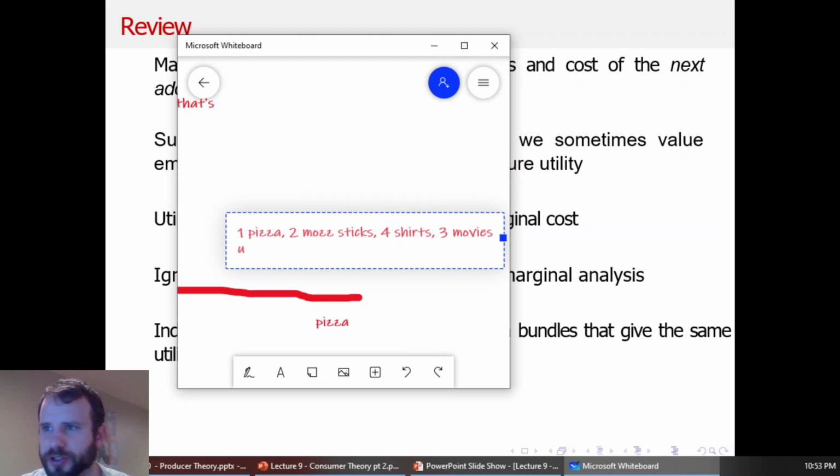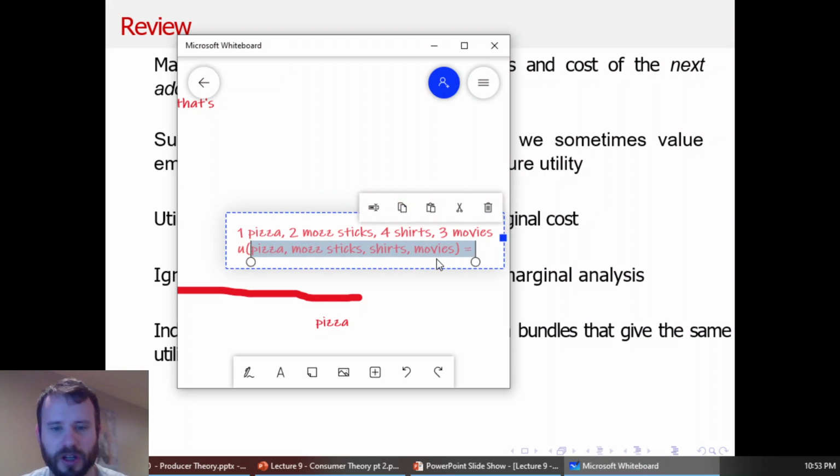Okay, so the utility function will be represented as utility of pizza, Mott's sticks, shirts, and movies, and we'd have some mathematical equation with 4 independent variables and 1 dependent variable. The 4 independent variables are the ones in parentheses.